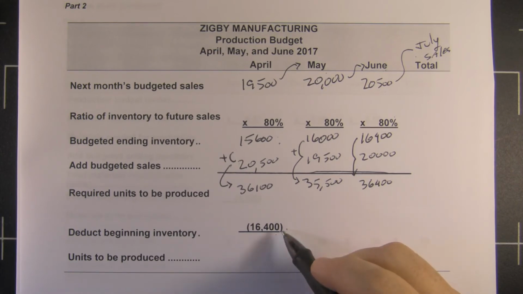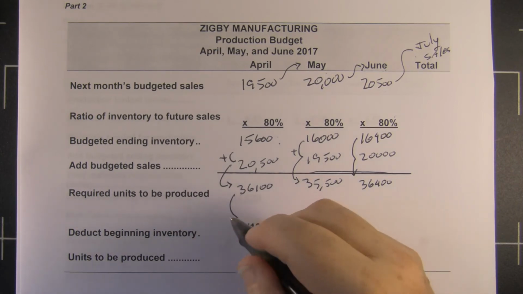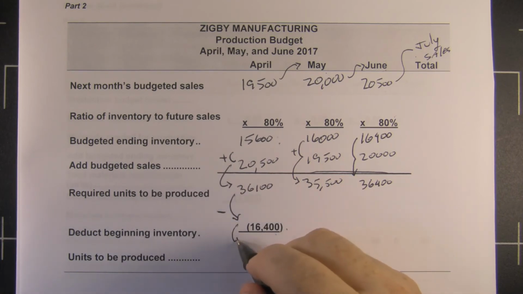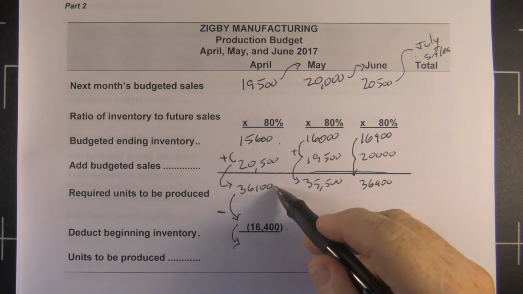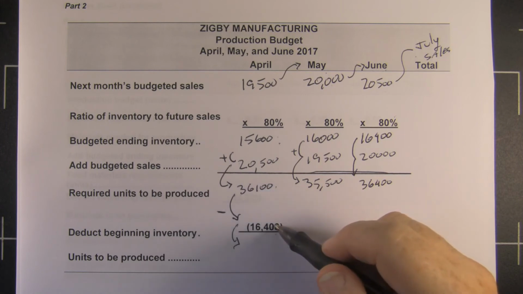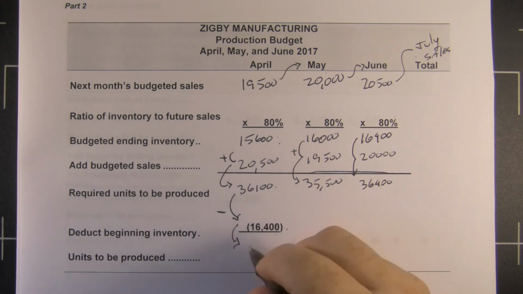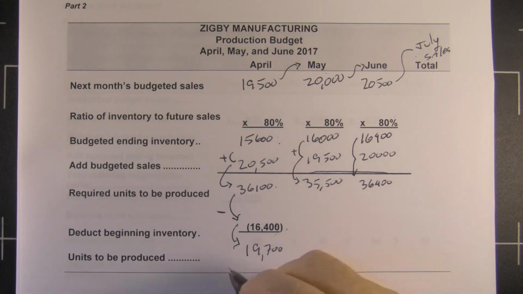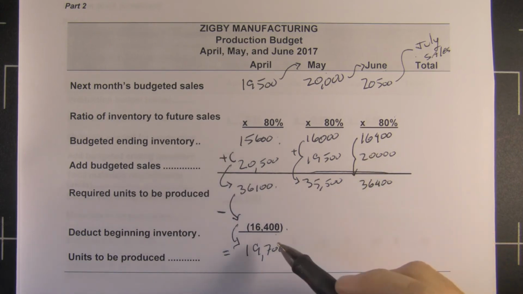That's what we had. So we subtract those two, our minimum required units minus what we had on hand. So in April, we need to make 19,700. That gives us the units we need to sell, plus the units we need for the following month, minus the units we started with.